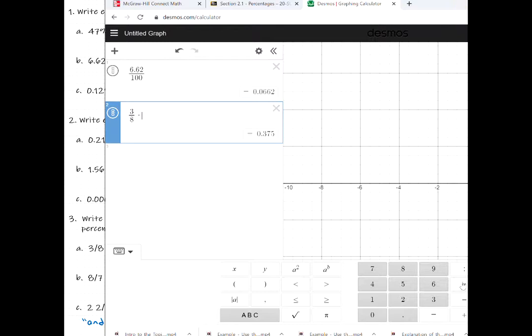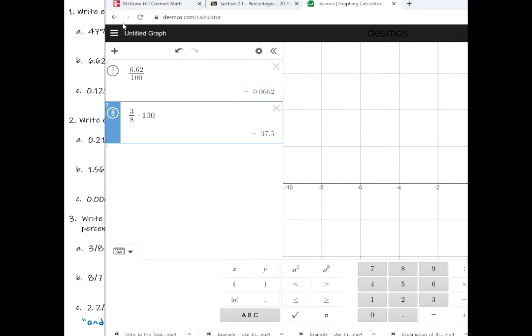And we could do times 100. And there's our percentage. So without the times 100, it was the decimal. With the times 100, it's the percentage. So 3 over 8 is 0.375 or 37.5%.